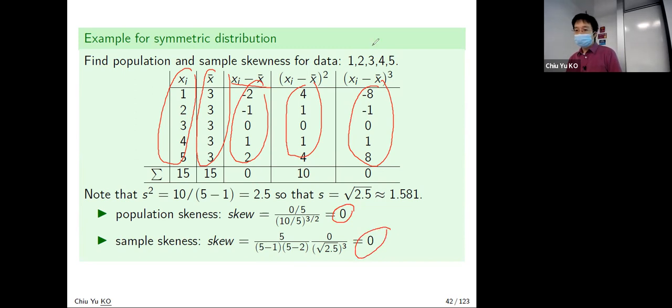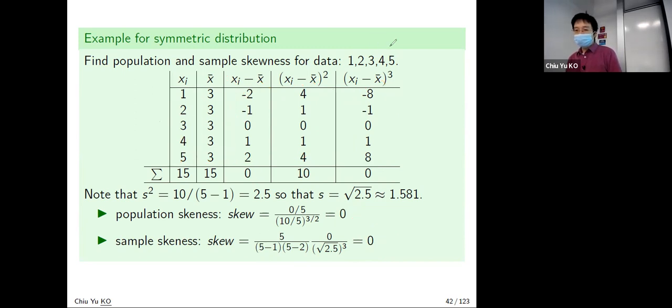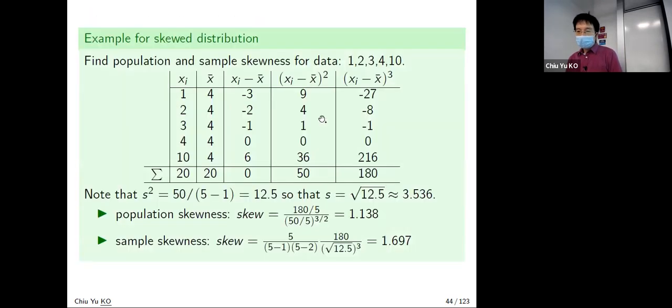I'm not going to go into detail. If you're interested, you can check it yourself, or you can ask me. In this case, 1, 2, 3, 4, 10, the same formula goes ahead, and you should expect positive skew, because 10 is far away from the mean.